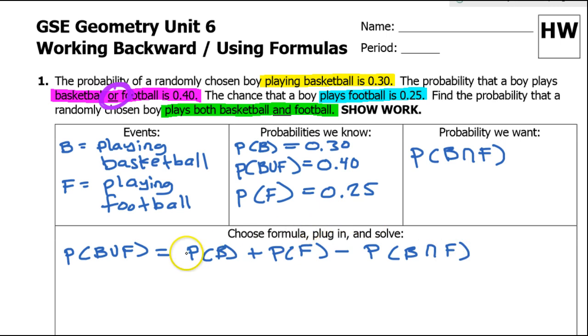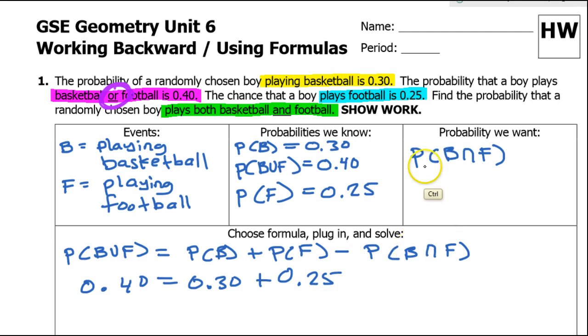So let's substitute in everything we know. I know the probability of B, so that's 0.30. I know the probability of B or F. That's right here, so that's why I will put 0.4 in the front. I know the probability of F, and that goes right here, so 0.25.